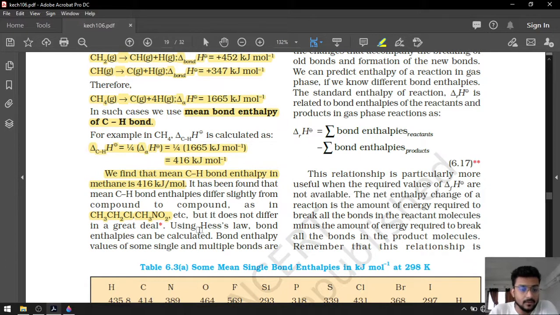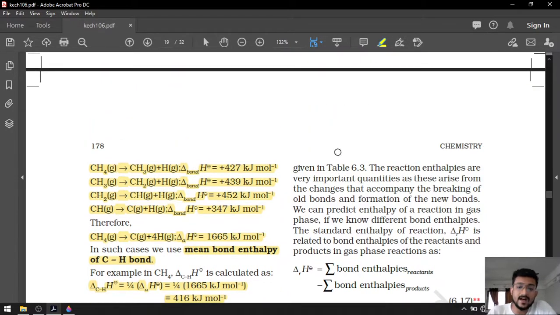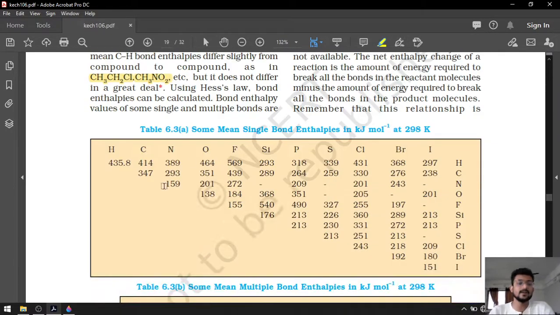Using Hess's law, bond enthalpy can be calculated. Bond enthalpy values of some single and multiple bonds are given in Table 6.3. Look at this. Suppose hydrogen has a single bond, that's why it will be 435.8. Okay. Carbon has 2 different values.